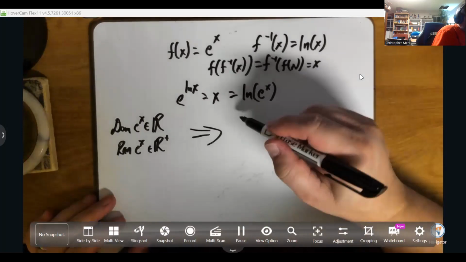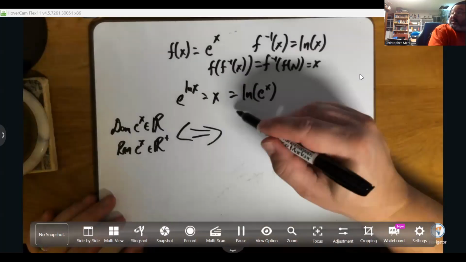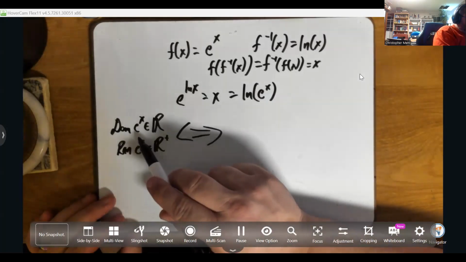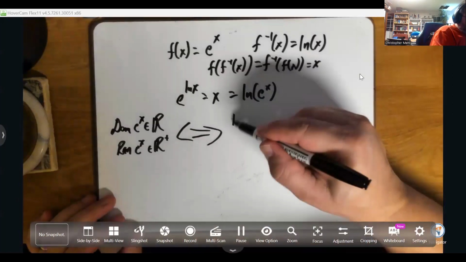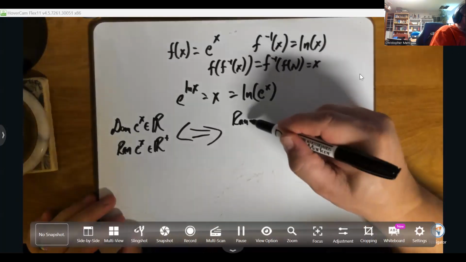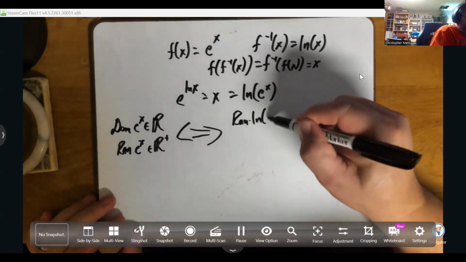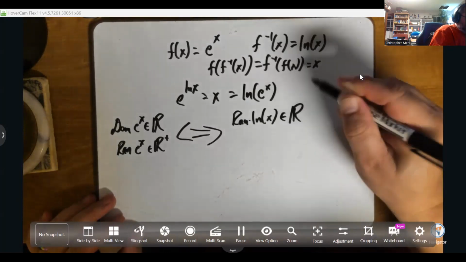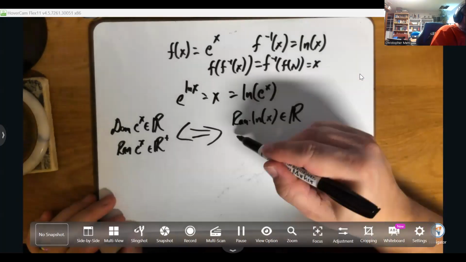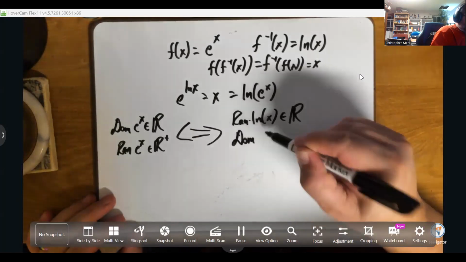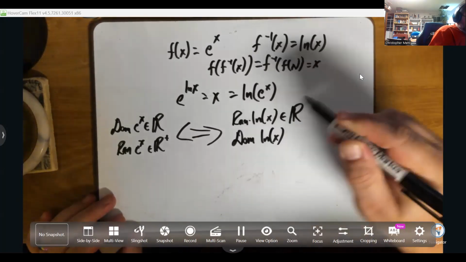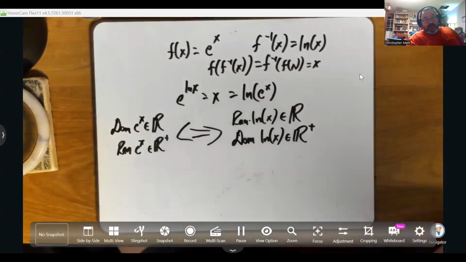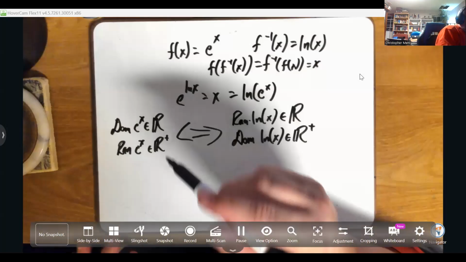And so that means that, because the domain of the function is the range of the inverse, the range of the natural log of x is going to be all real numbers, and the domain of the natural log of x would be positives only.